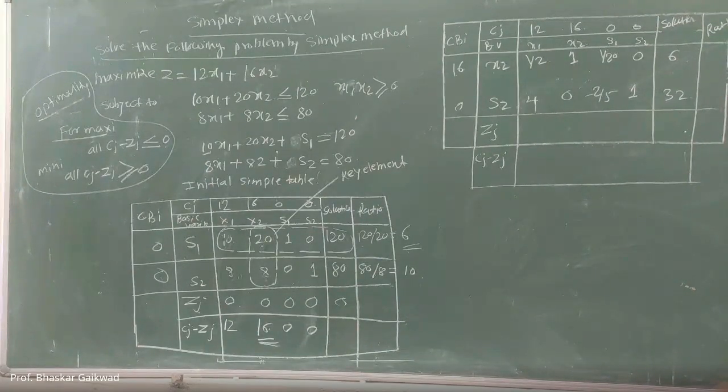Cj and Zj you have to calculate. 16 into 1 by 2 plus 0 into 4. 0 into 4, how much?